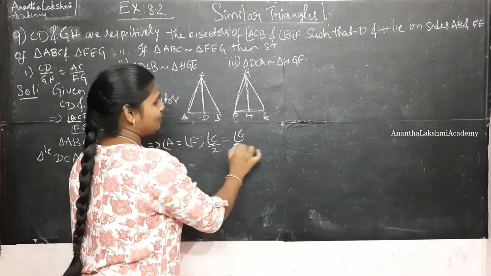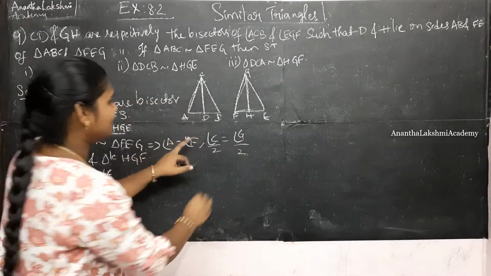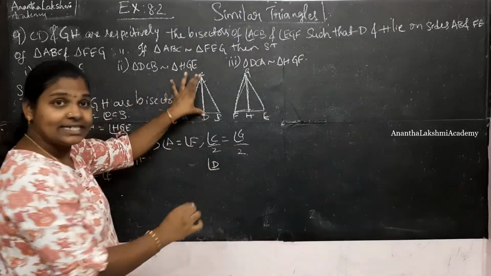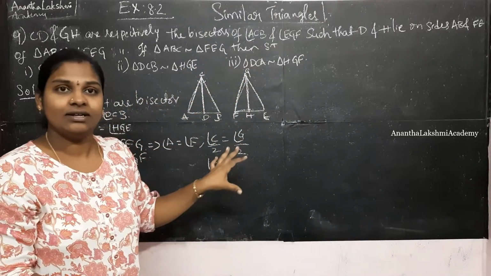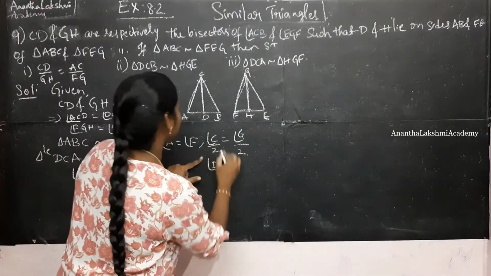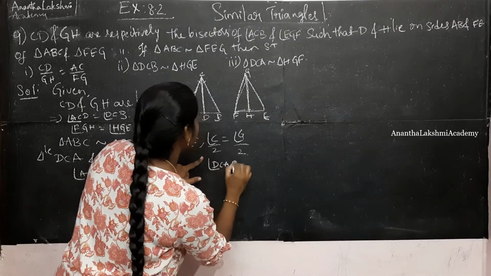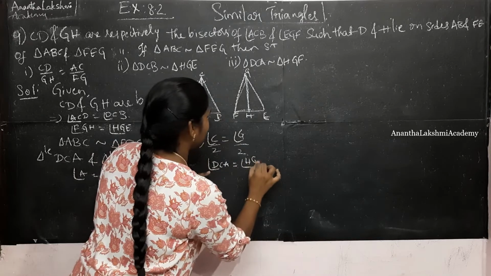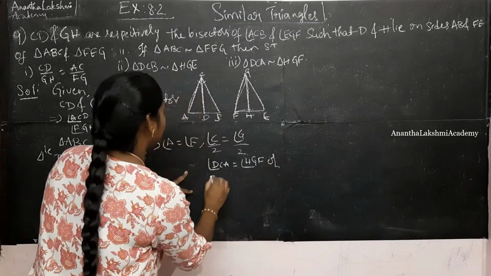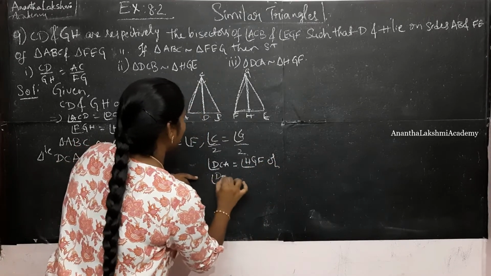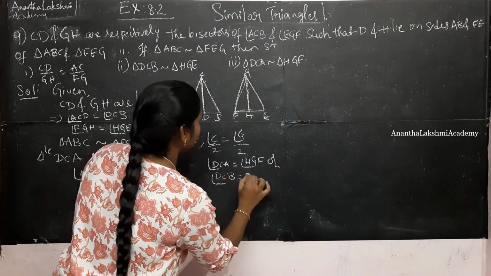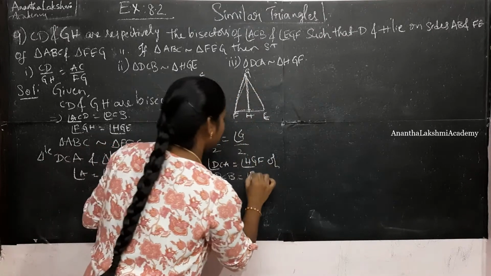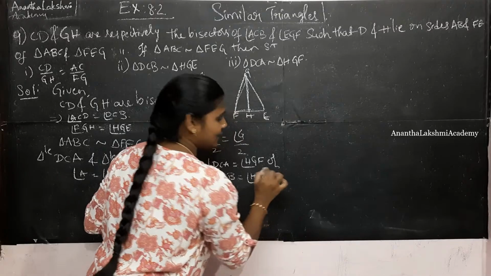If I divide them by 2, it can be written as, I told you right, CD and GH are bisectors. So this is going to be DCA is equal to HGF, or DCB is equal to HGE. In 2 ways we can write this.